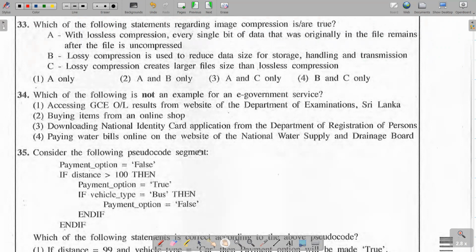Okay, 33rd, it's asking which of the following statements regarding image compression are true. A is giving you lossless compression: every single bit of data that was originally in the file remains after the file is uncompressed. Yeah, that is why it is called lossless compression, so it's not going to lose any details due to the compression. And part B, lossy compression is used to reduce data size for storage, handling, and transmission.